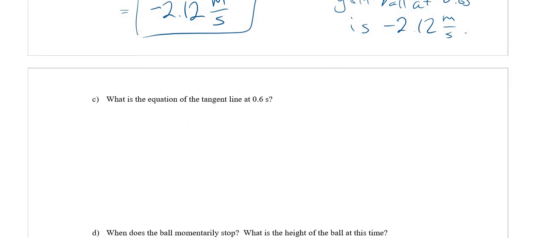And lastly, if we want to discover the equation for the tangent line at 0.6 seconds, we could do that too. So the way we do that is we know that our tangent line is to be represented with y equals mx plus b. So let's gather up what information we do have here.